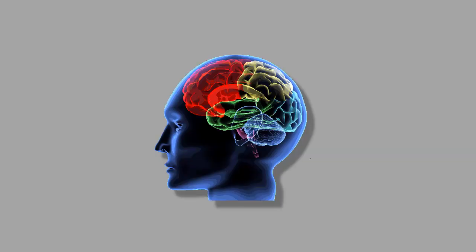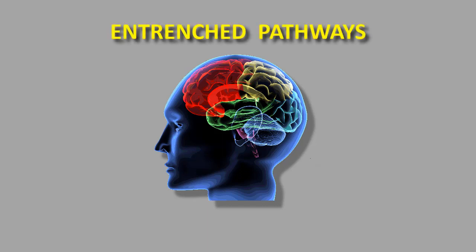So cognitive distortions are considered to be habitual patterns of thinking, because if we consistently think in these ways, these thoughts become automatic and almost become entrenched pathways or roads in the brain, and they become our habits. And our habits then become core beliefs from which we now operate.